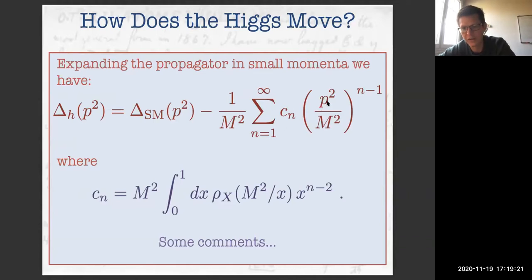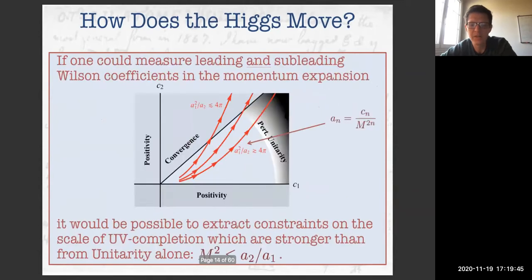It only starts to violate convergence if p squared is really at m squared, and if the theory is such that all of these Cn's are equal. And that's in fact what happens when you have tree level contributions. If the Higgs has a tree level kinetic mixing with some other heavy Higgs, you saturate this bound. It's actually all of the Cn's are 1. Thank you. That's a great question.